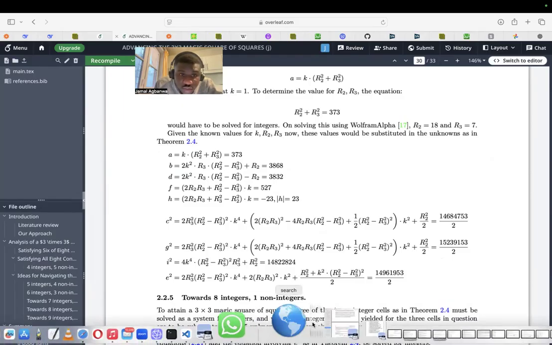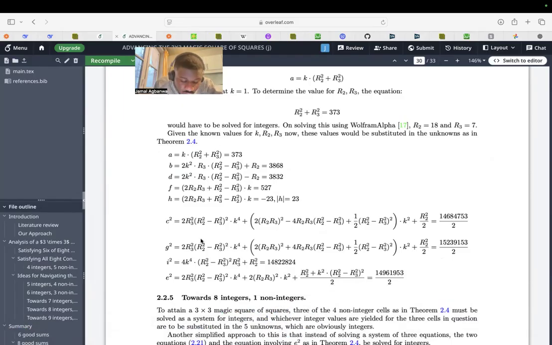So we're supposed to test A squared plus E squared plus I squared. Now we've gotten what we wanted. So 1496, 1953. Yes. We got it now. We got it right now.